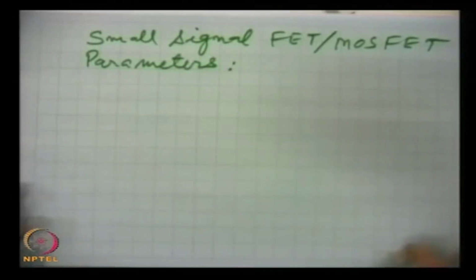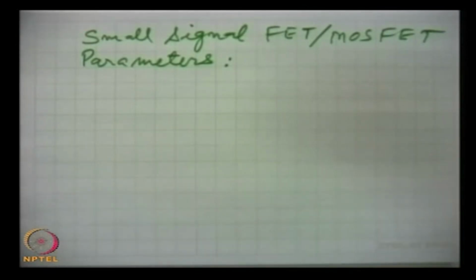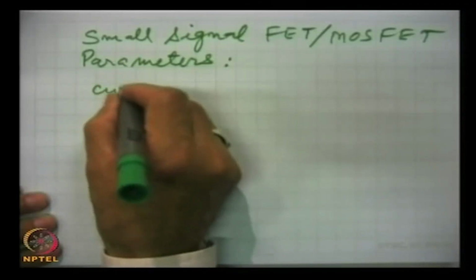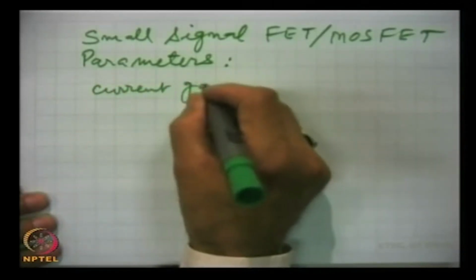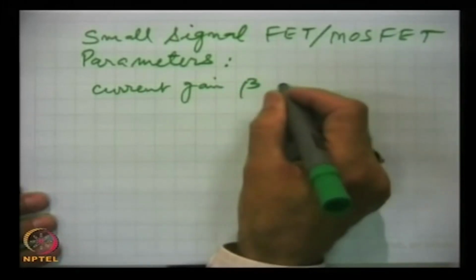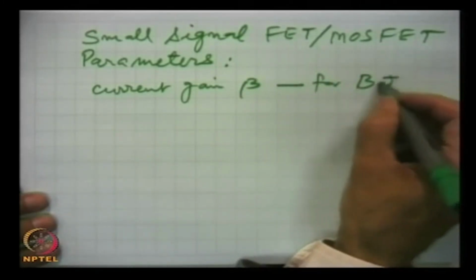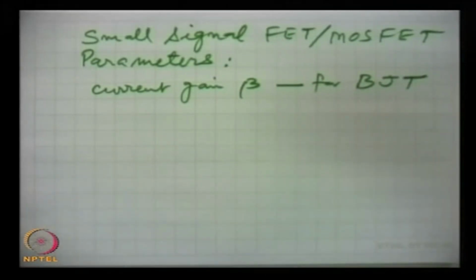This we are going to study now. For BJT, we have seen that beta, the current gain, beta for bipolar junction transistor BJT was most popular, and this was the ratio of output current to input current.